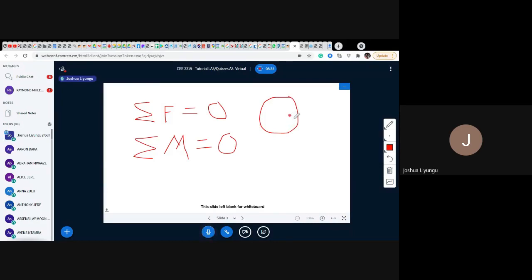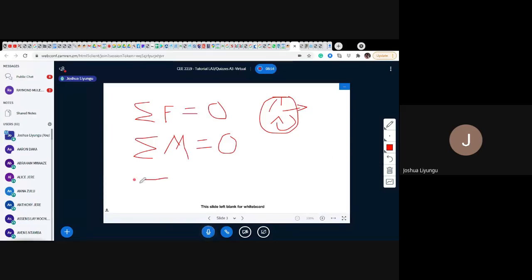You can also remember how to calculate when you have a body, and of course you have a couple moment, and you have a number of forces. How to calculate the resultant moment about that body.